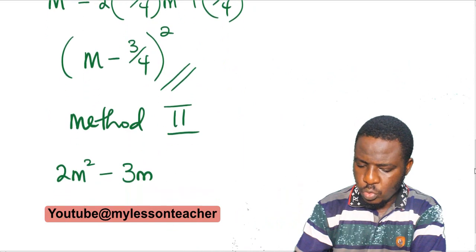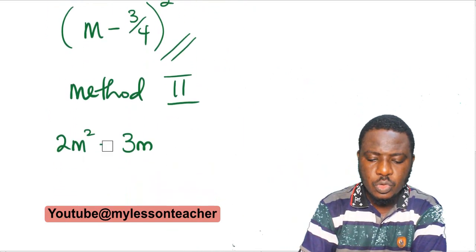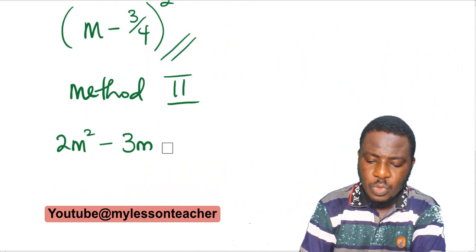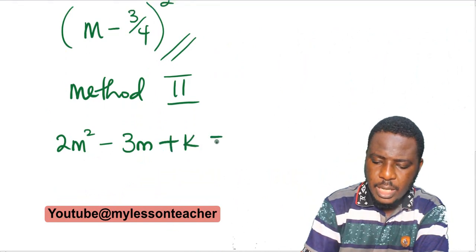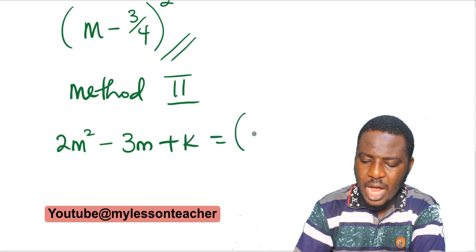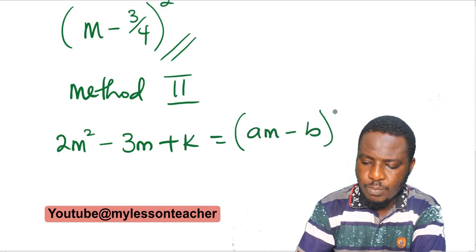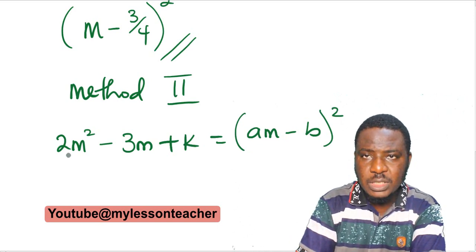Alright, in method 2, what must be added to 2m squared minus 3m to make it a perfect square? We say let it be k. So we have plus k to be equal to, now when you factorize this, you are going to have am minus b all squared. Why am? Because the first term has a constant.